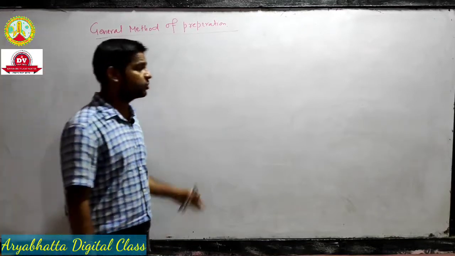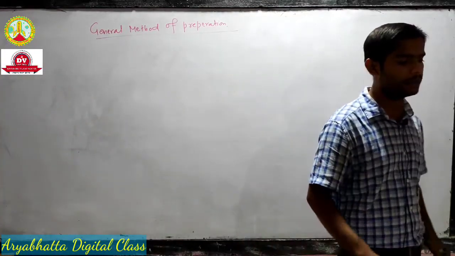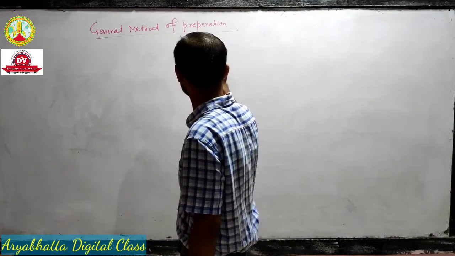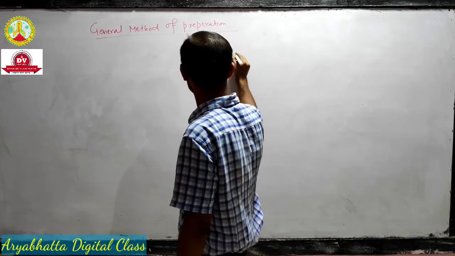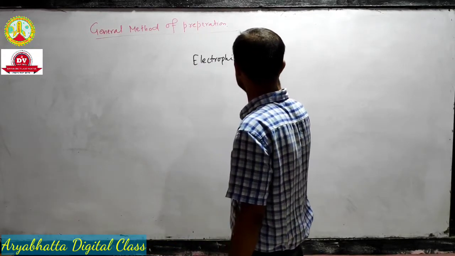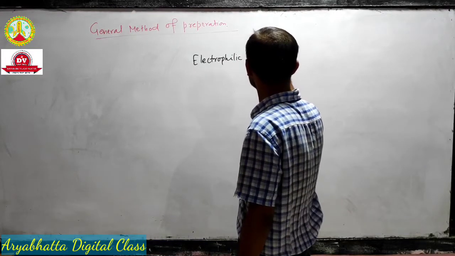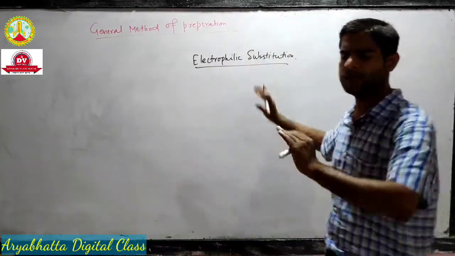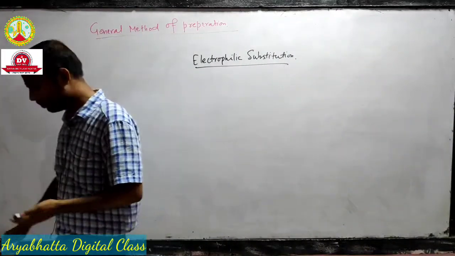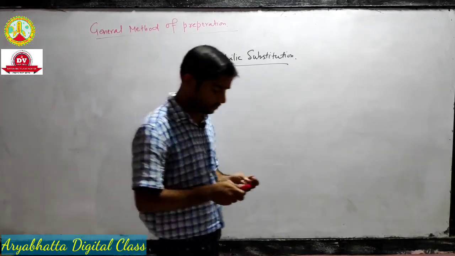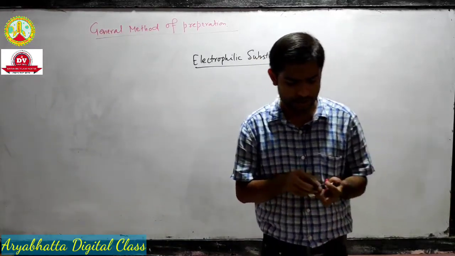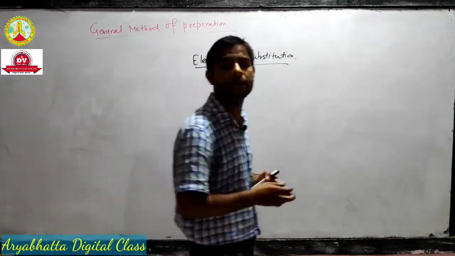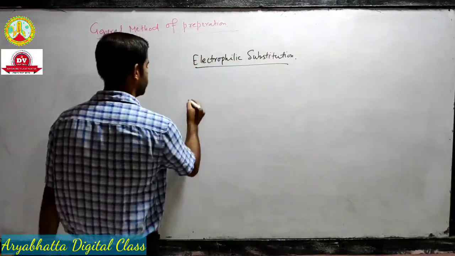Now the last part of this chapter is about electrophilic substitution. Since it's an electrophilic substitution, obviously it is related to our aryl ethers, because we know that electrophilic substitution takes place easily in aryl molecules, they are electron rich.